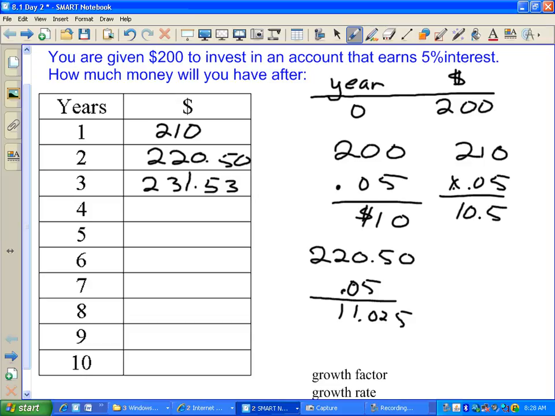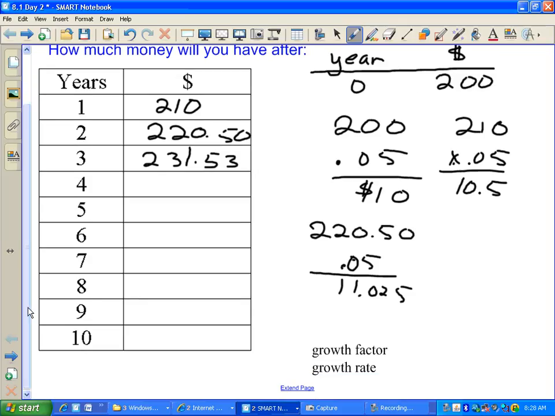What happens here? We're not just adding $10 every year. We're adding more than just the 5% because it's compounded. I'm putting percentage on the money I've already earned. So let's look at what this looks like. Just like yesterday, growth rate and growth factor are words I'm going to be using, and I want you to figure out what the growth rate and growth factor are.